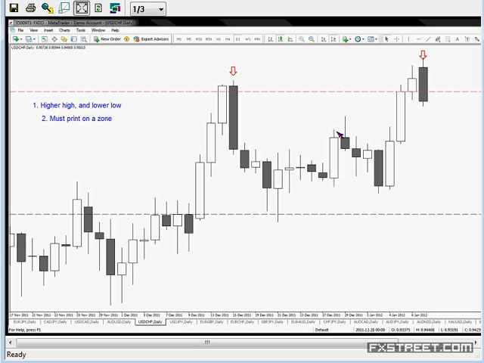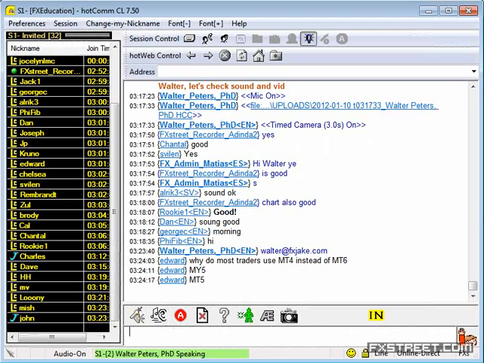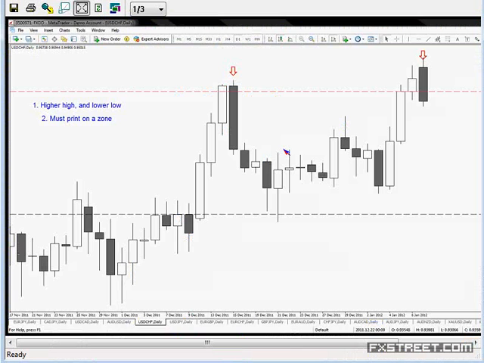Edward says, why do most traders use MT4 instead of MT6? I didn't know MT6 was out yet. Oh, MT5, yeah. I think most brokers use MT4, Edward. I don't think it's just most traders, I think it's most brokers. My understanding is that MT5 may have some problems on the back end, so brokers are a little bit reticent to adopt it, but that might be just a rumor.